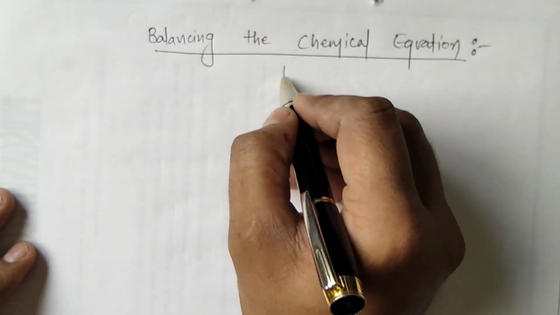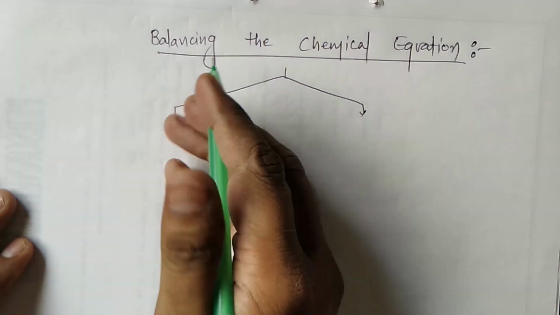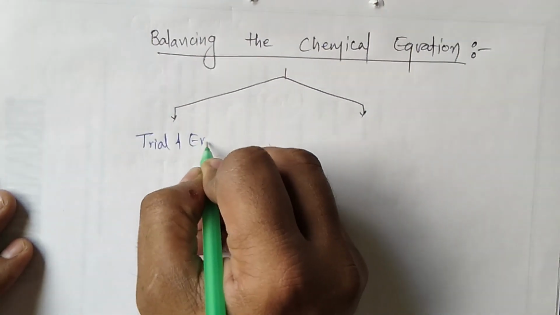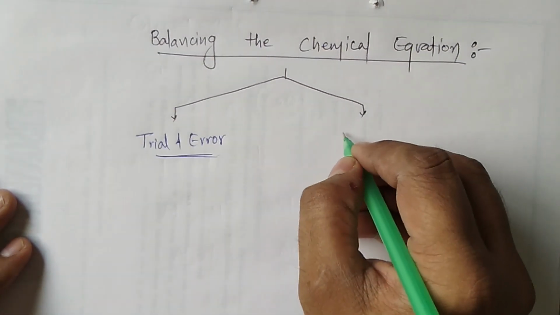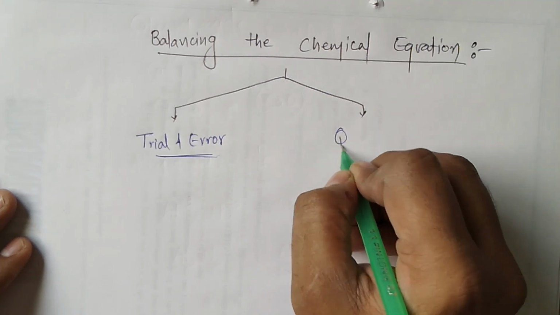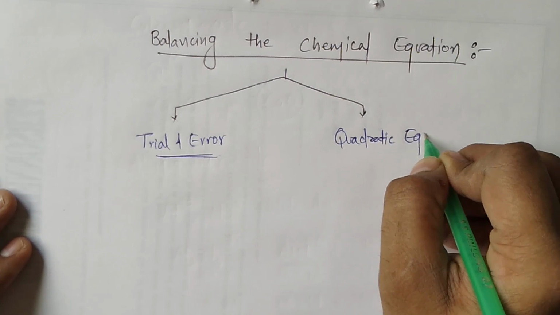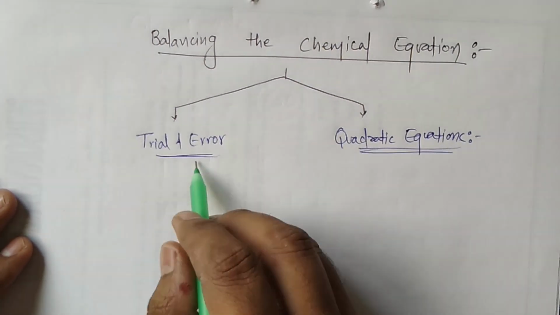Now there are two methodologies. The first methodology is trial and error. You try and you get the answer. Another is to apply quadratic equations. Okay, so the easiest method is trial and error.